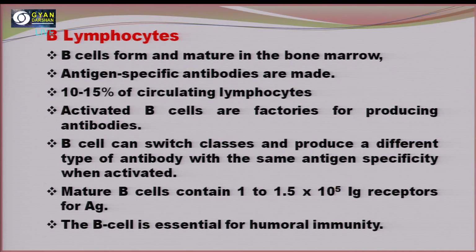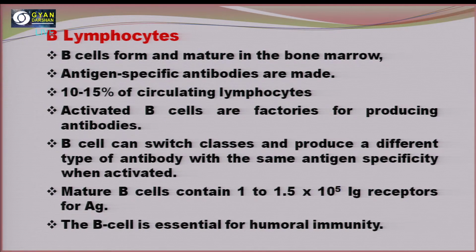Activated B lymphocytes, the plasma cells, are the factory for producing antibodies, and they produce very specific antibodies. You can say they are able to target particular pathogens.